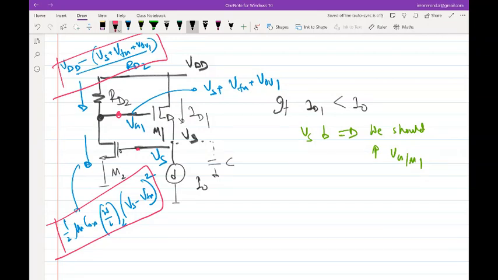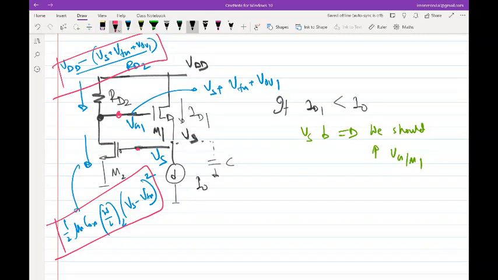And the way I have hooked M1 up, it looks like M1 will always be in saturation. The drain voltage is connected at VDD, and Vg1 cannot ever go beyond VDD. So M1 I don't have to bother about. I have to bother about M2. If I know Vg1 and I know Vs, then for M2 I know whether it's in saturation or not.